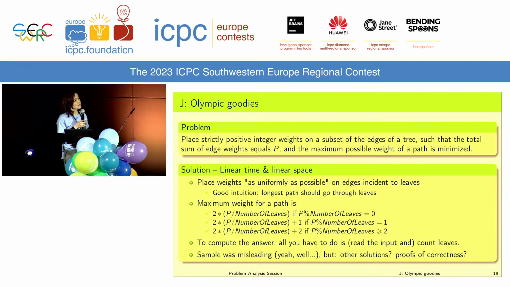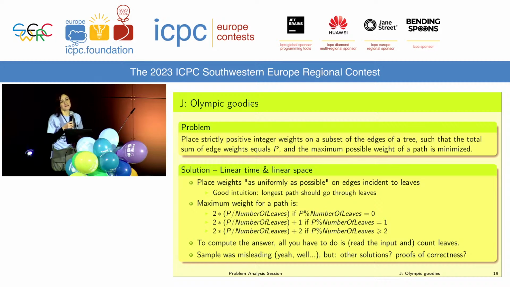And so accordingly, you would have either the result of the division or this thing +1 on all the leaf edges, which means that the cost of the longest path will be twice the result of the division if p is a multiple of the number of leaves, or this thing plus 1 if the modulo is 1, or this thing plus 2 if the modulo is greater or equal than 2.